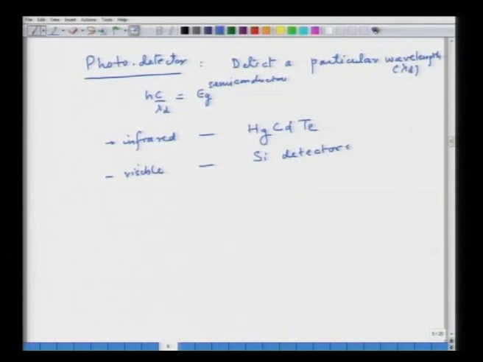Now, for the case of detectors, again availability of the current after the light is absorbed in the material depends on whether it is direct band gap or indirect band gap. And this will basically decide the sensitivity of the device.